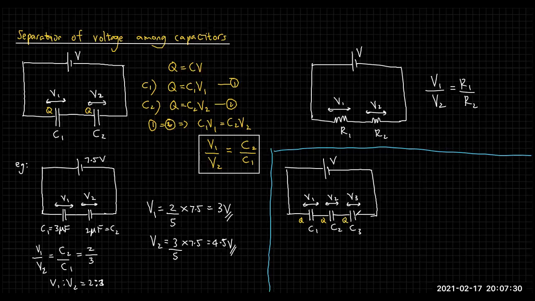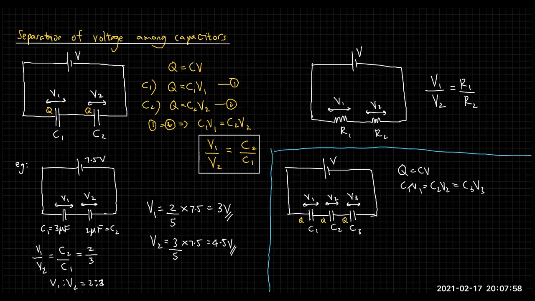So we can consider an equation like this: C1 V1 equals C2 V2 equals C3 V3. If it's confusing to you, we all know Q is equal to CV. So in all three capacitors, the same charge is stored, so C1 V1 equals C2 V2 equals C3 V3.